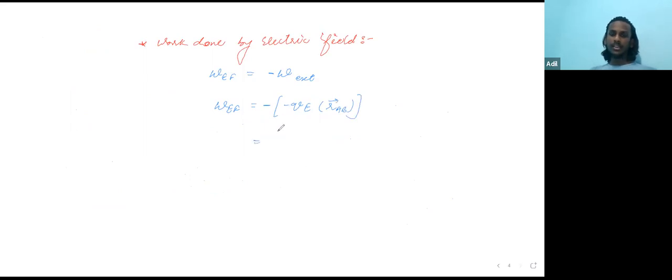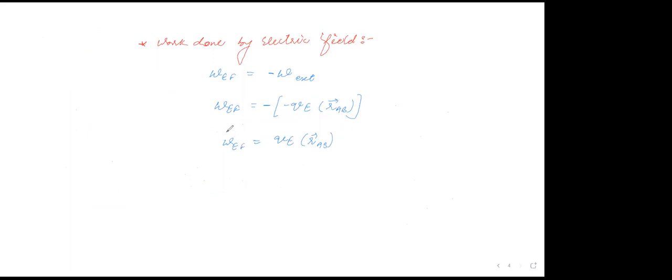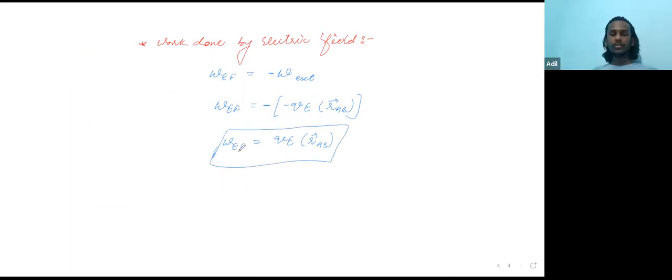Now this negative sign will be positive, QE R of AB. This is your work done by electric field. Note it down.